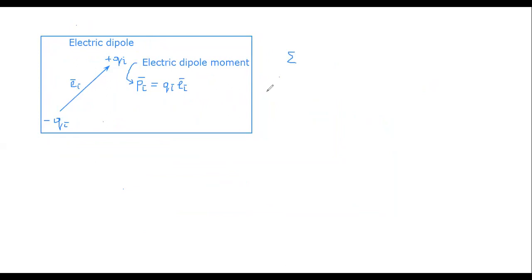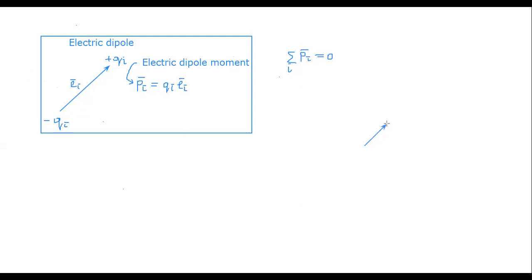So if we have a dielectric in vacuum without any external fields, we have 0, because we have different directions of dipole moments.